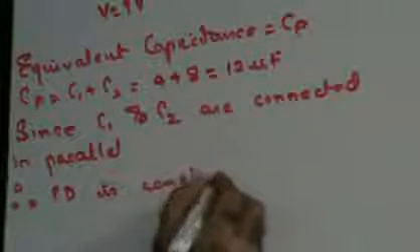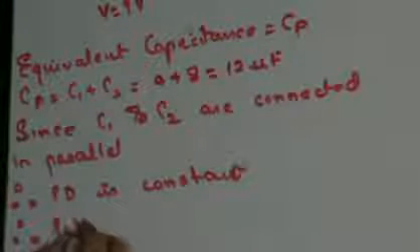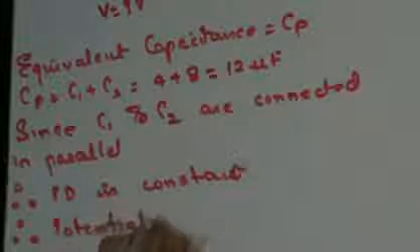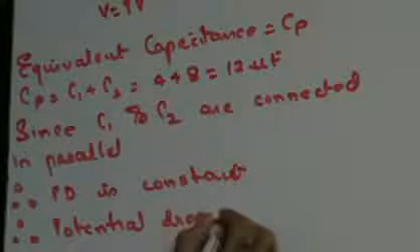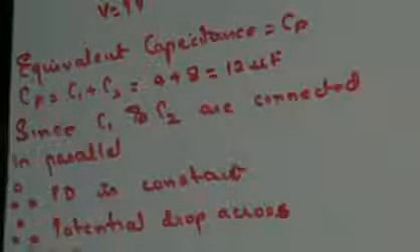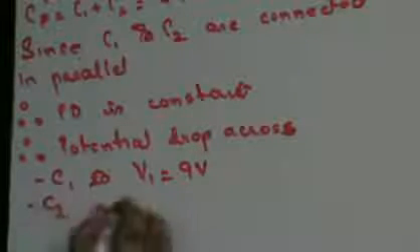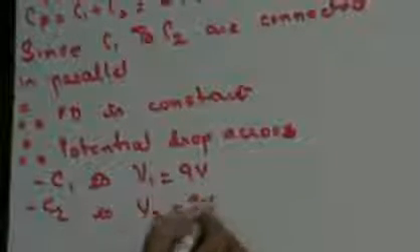If potential difference is constant, then I can say that potential drop across C1 is say V1, which will be equal to 9 volts, and across C2 is V2, which will also be 9 volts.